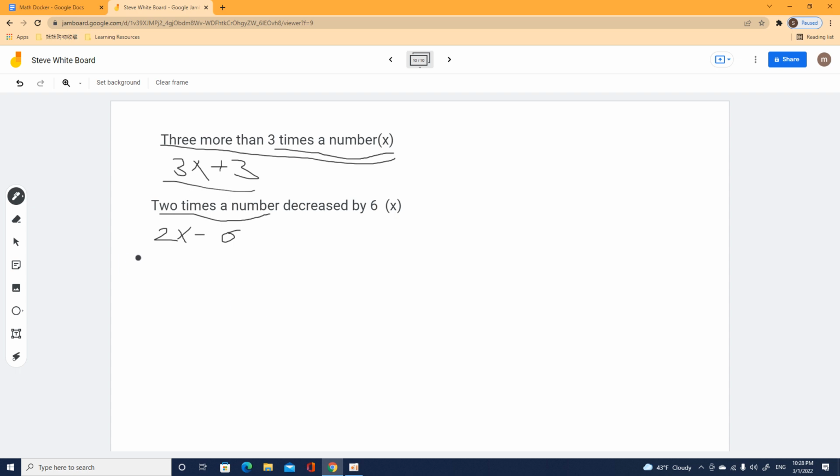The third one, for example, 7 less than the product of a number and 9. The number still use x to express.